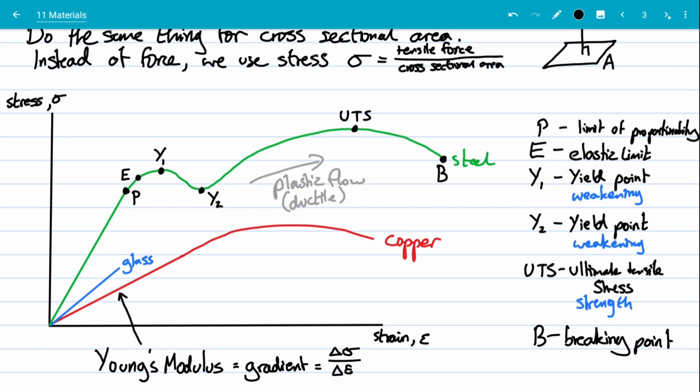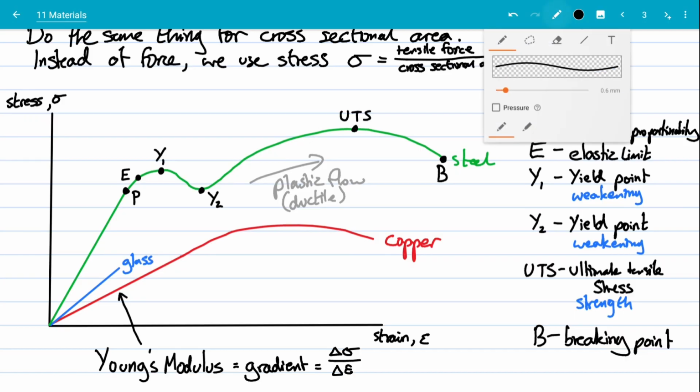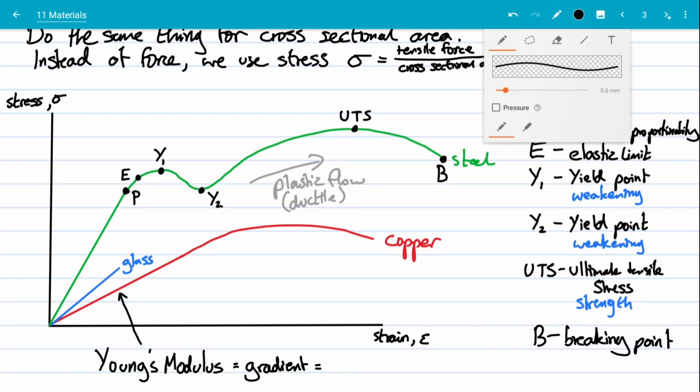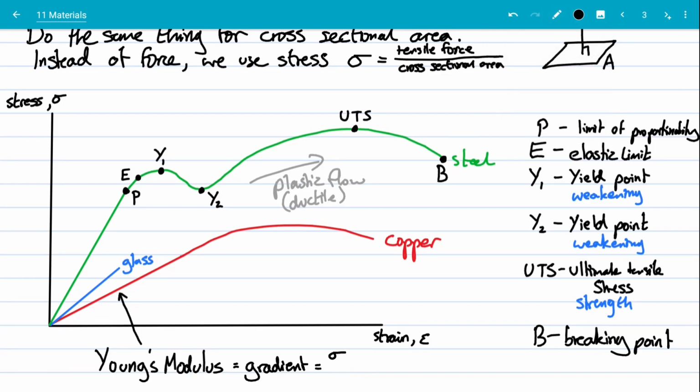So it's stress divided by strain. And that's it. We probably wouldn't write it with the deltas. We'd probably just write stress divided by strain, because the relationship is directly proportional, so the lines pass straight through the origin. So stress divided by strain, specifically tensile stress divided by tensile strain, is the Young's modulus.